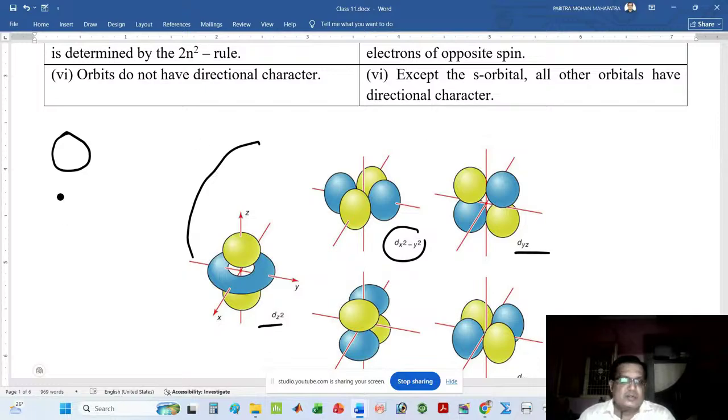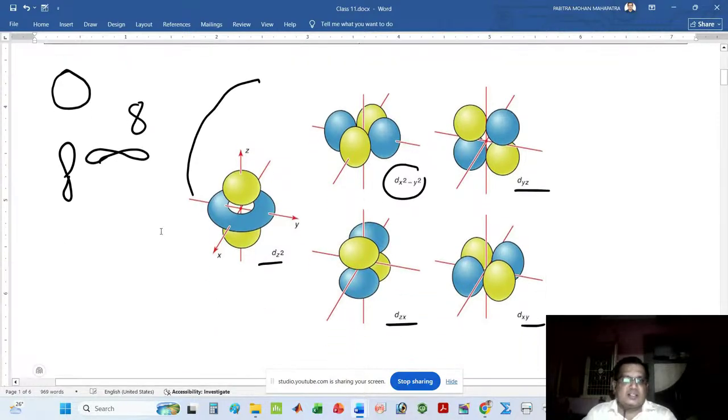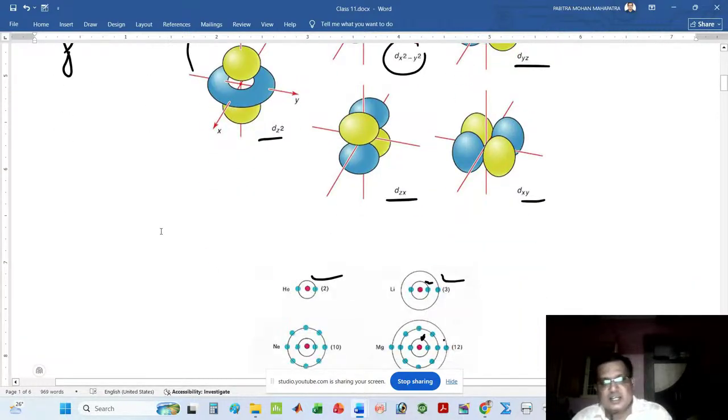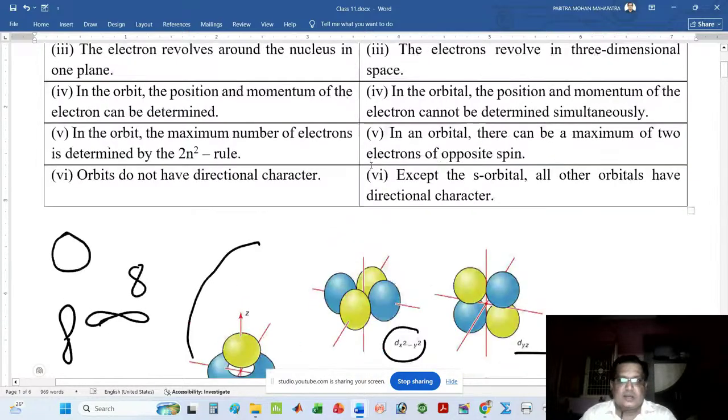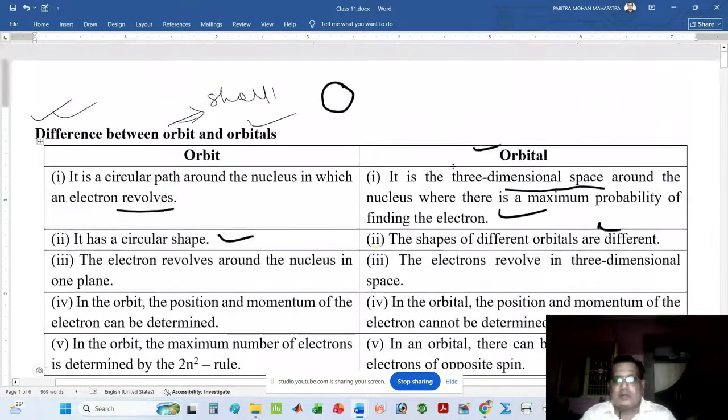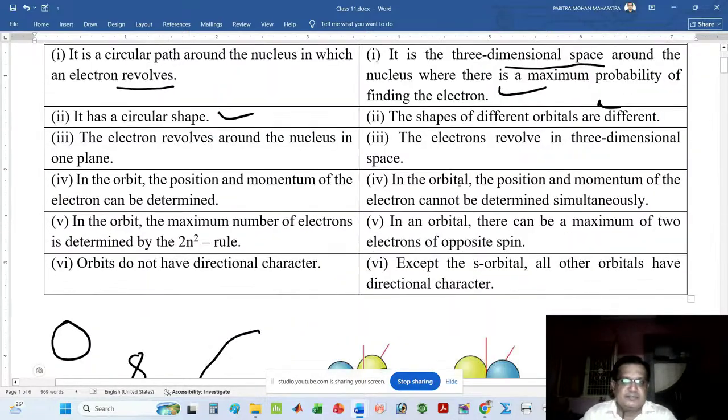Next, if you think about the p orbital, px looks like this, py looks like this, pz looks like this. Similarly, the shape of f orbitals is very complicated, so it is not easy to show here. At plus two level, it is sufficient. Generally, we think about the three important orbitals s, p, d.